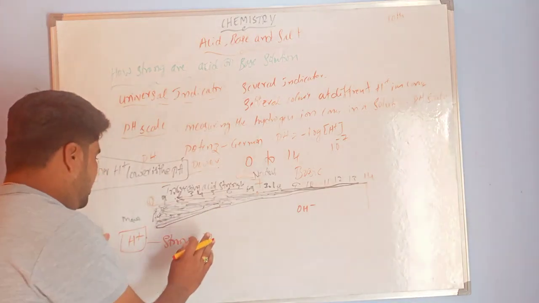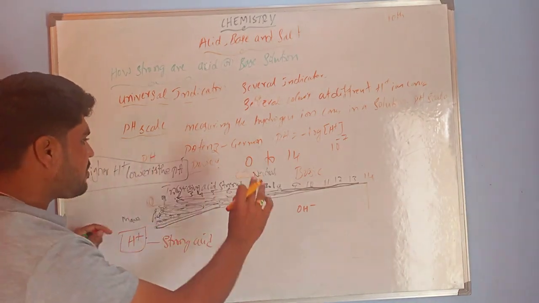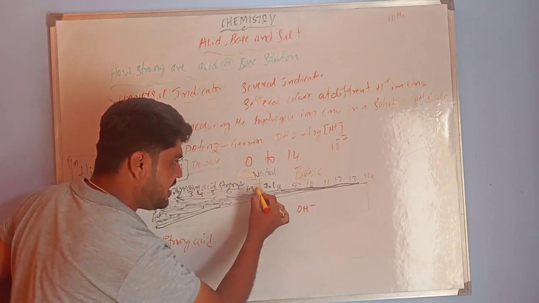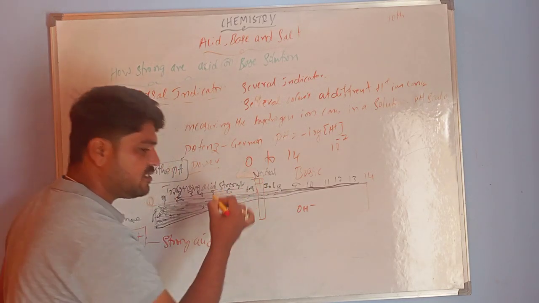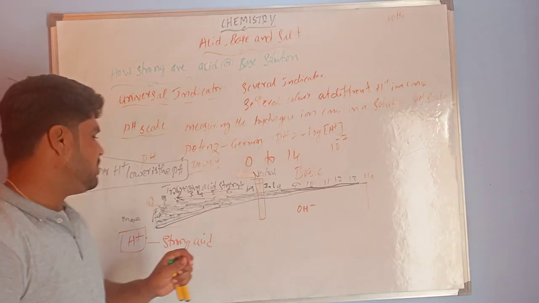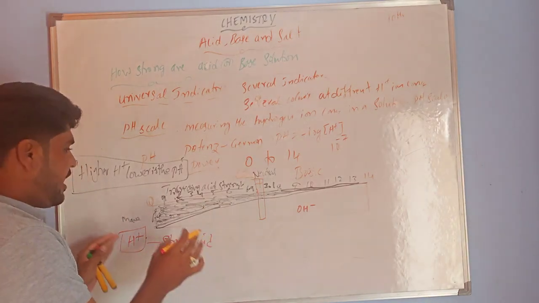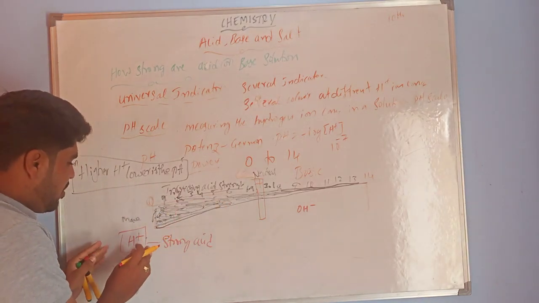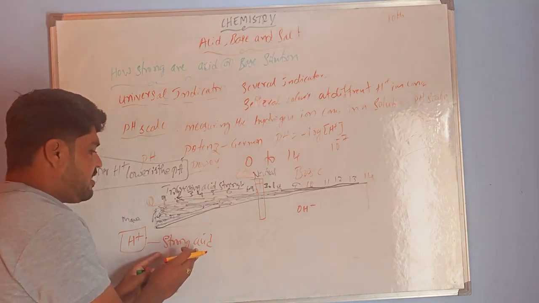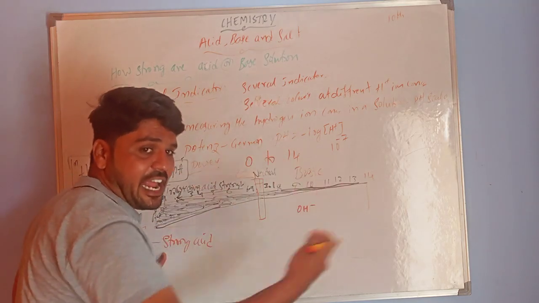This is very interesting. Exactly 7, I am telling you, is neutral. Now, with more hydrogen ions, it is called a strong acid.